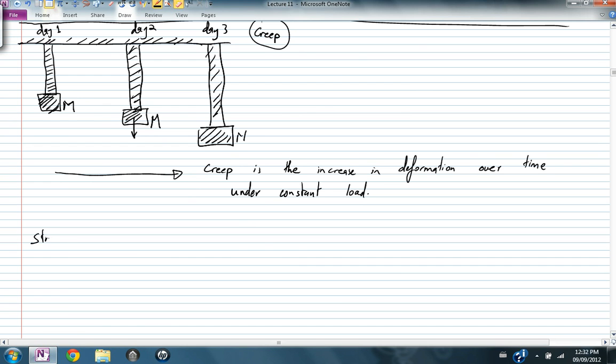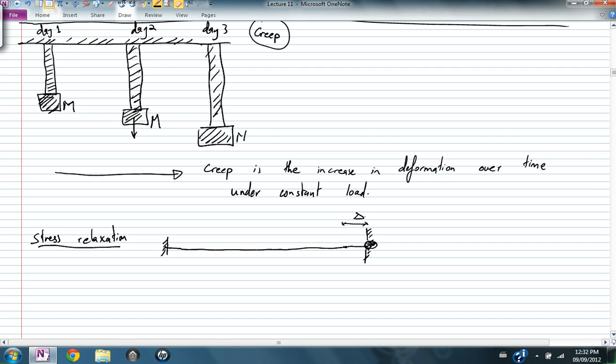Stress relaxation is a different form of time-dependent response. You have a steel bar, and you pull this steel bar with a certain deformation, and then you put a timer and measure the force.